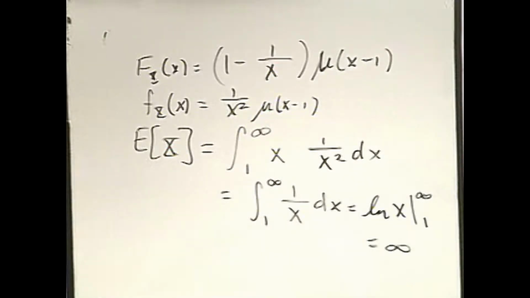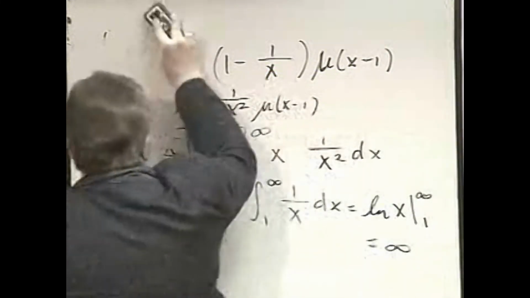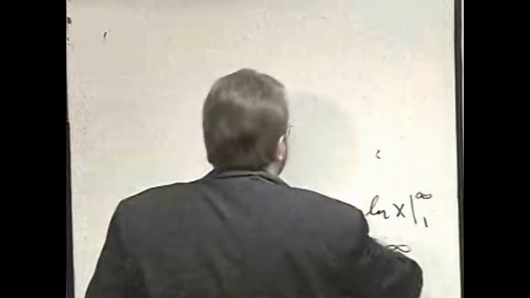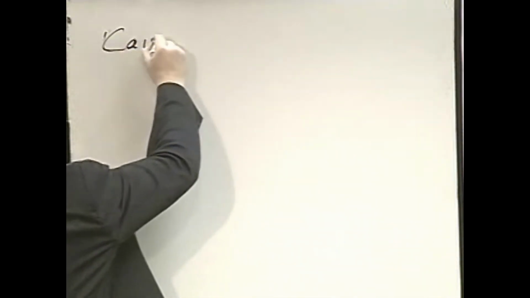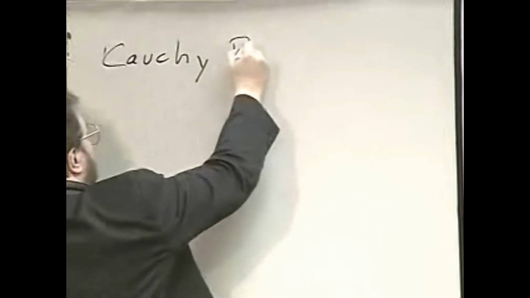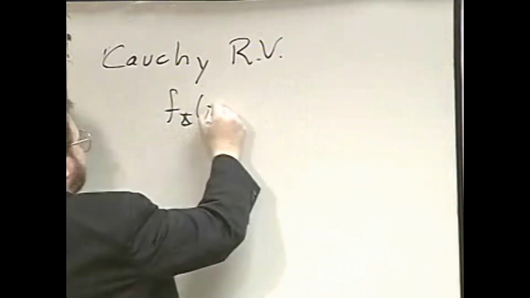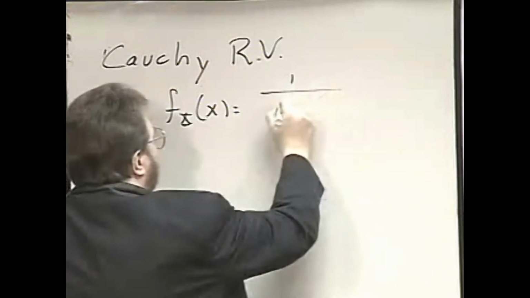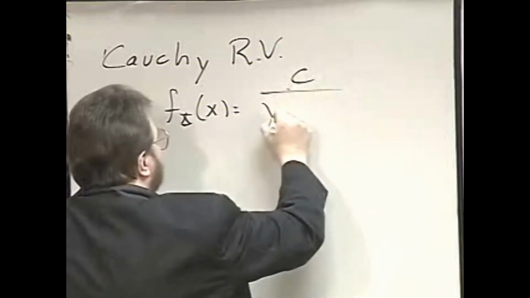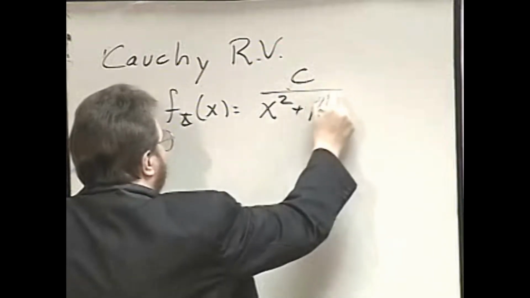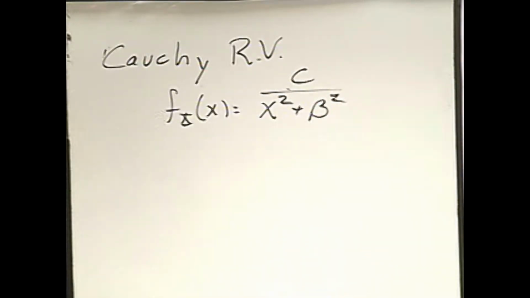In a similar fashion, variances don't always exist, in the sense that second moments don't always exist. Let me give you an example for the Cauchy random variable. For the Cauchy random variable, the density is equal to a constant over x squared plus beta squared, where the constant gives it so that we have a total integration of 1.